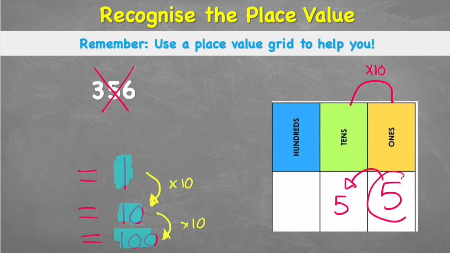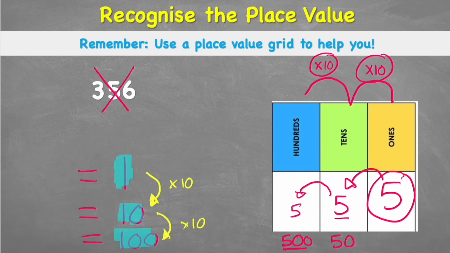Originally it was just a 5, and then I've moved it into the tens column, and it now equals 50, which is 10 times larger. And the same thing from going from my tens to my hundreds column. It's 10 times larger. So if I move this 5 again into the hundreds column, it becomes a 500. 500 is 10 times larger than 50. Wow, that's an interesting little fact, isn't it?